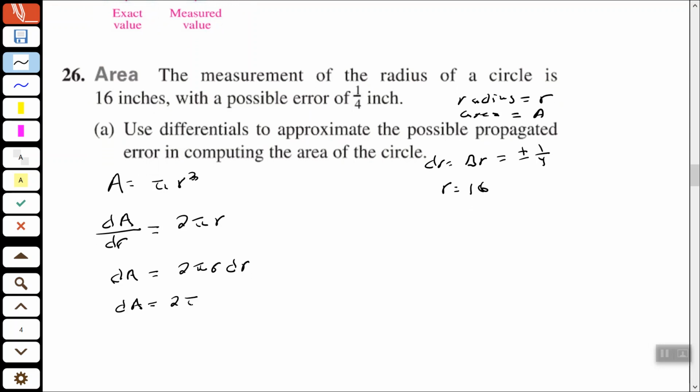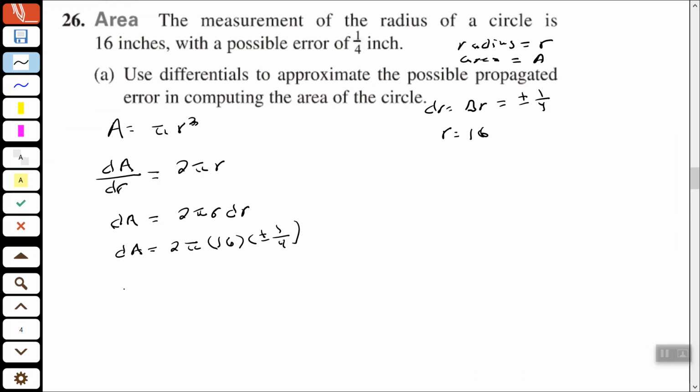We have 2 times pi times the radius, which is 16, times the differential of r, which is positive or negative 1/4. 4 goes into 16 four times, and 4 times 2 is 8 pi inches squared.